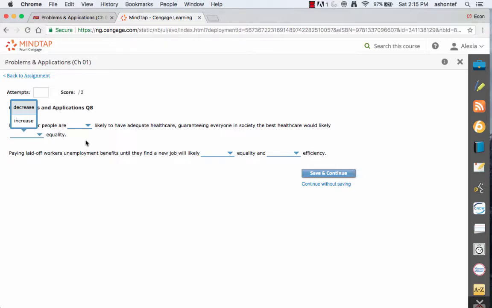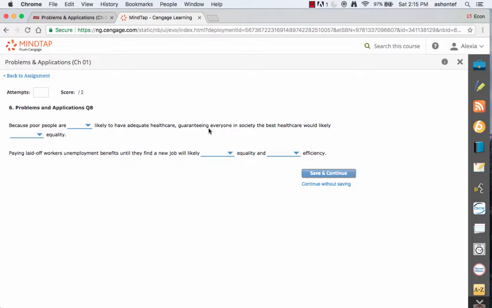So this question is saying, what happens here? Are poor people that are relatively poorer or have lower income more or less likely to have good health care? I think you'll be able to answer that one. Generally, people that have less money don't have as good of a plan as those that have more money.